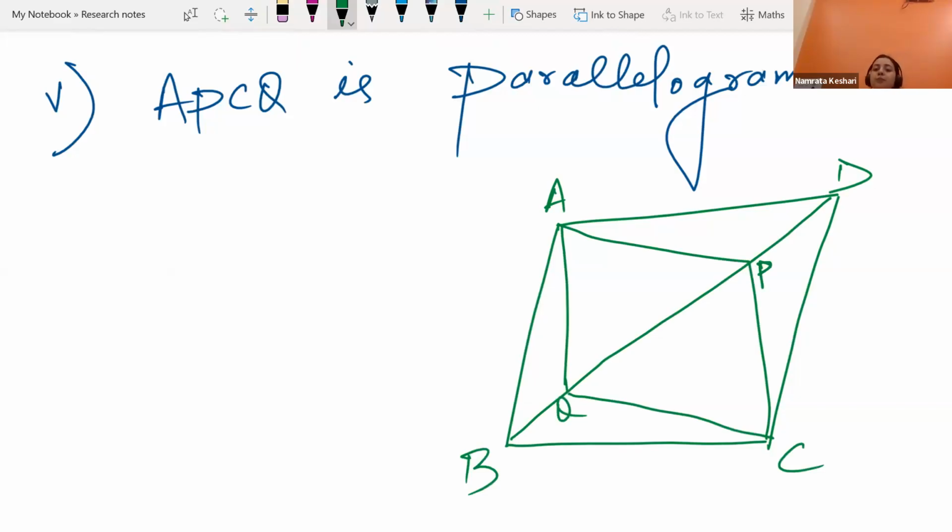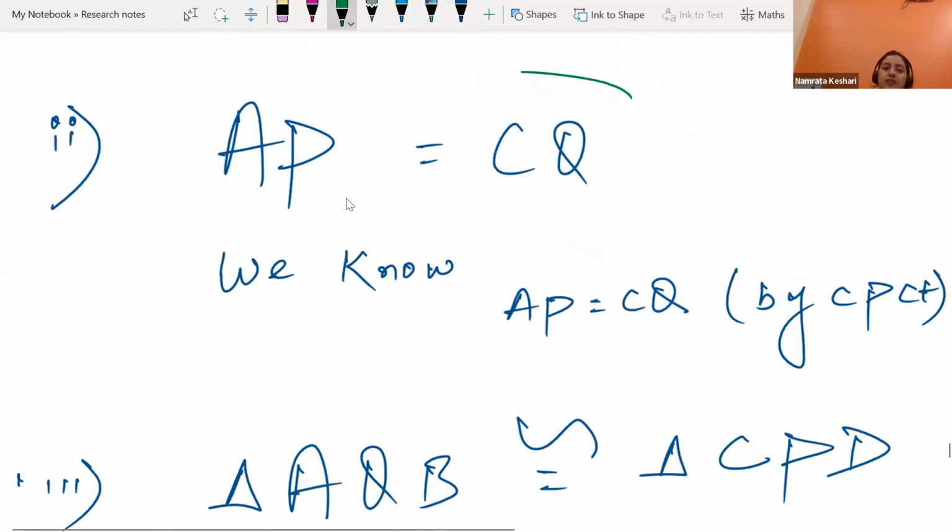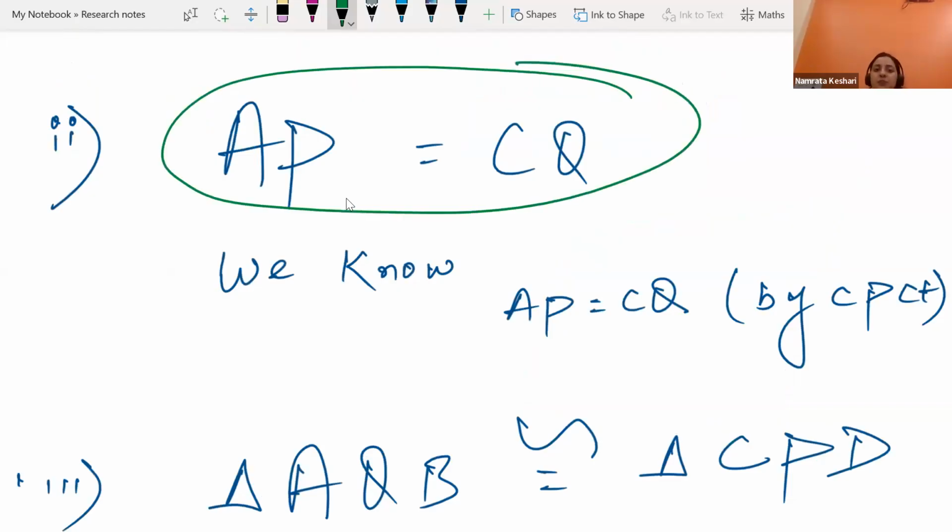We have to show that APCQ is a parallelogram. In part 2 we said, see carefully, that AP is equal to CQ by CPCT.